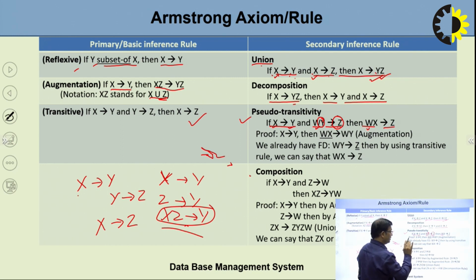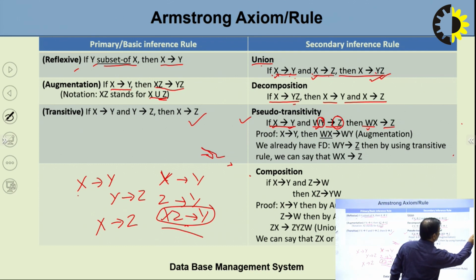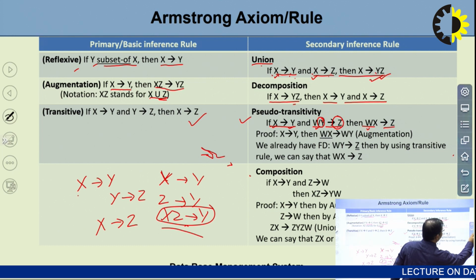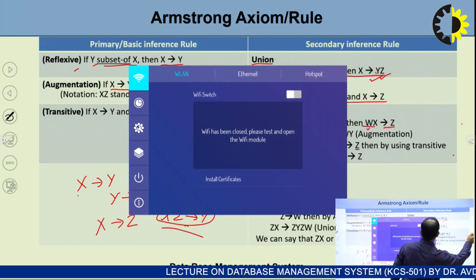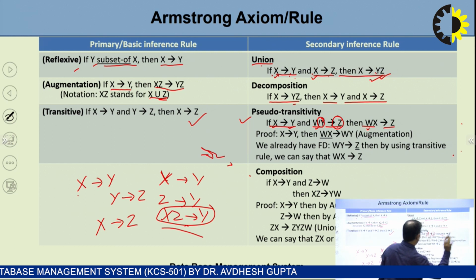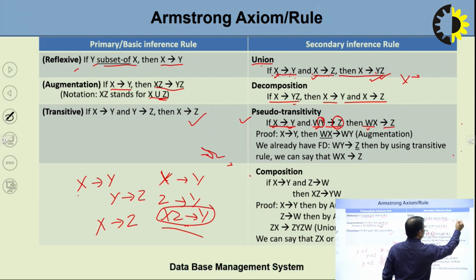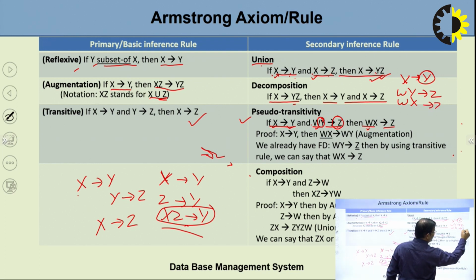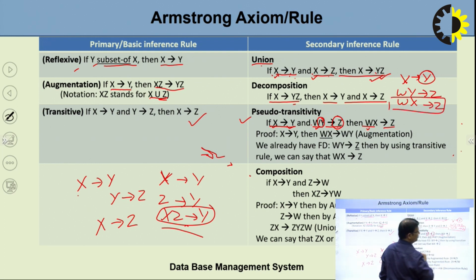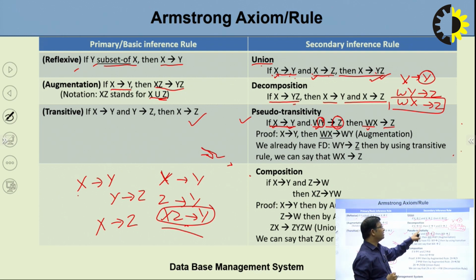Got it? Read it once. Okay. Here is x tends to y. This is wy tends to z. So y can be identified on the basis of x now. So we can say that wx tends to z also. Okay, this is pseudo-transitivity.